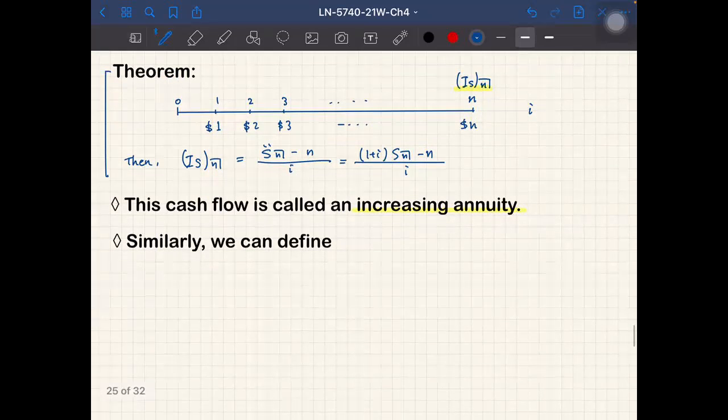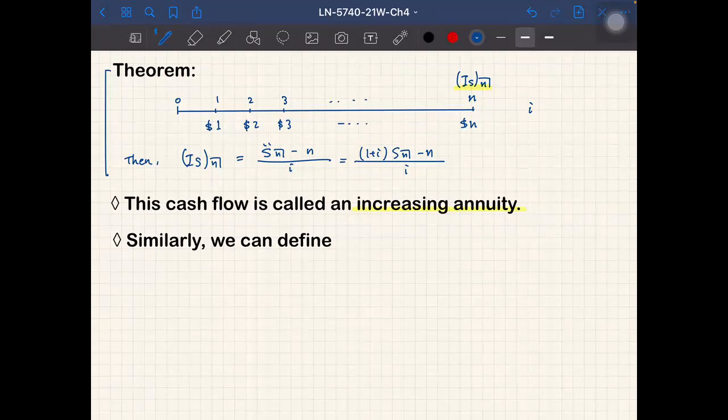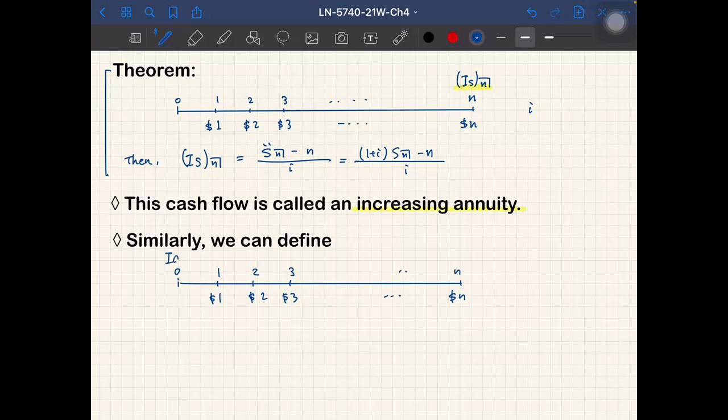We can also define the present value and also the annuity due version. Similarly, we have n years, 1, 2, 3, up to n, and payments of $1, $2, $3, up to $n. The present value is defined as (Ia)‾n.